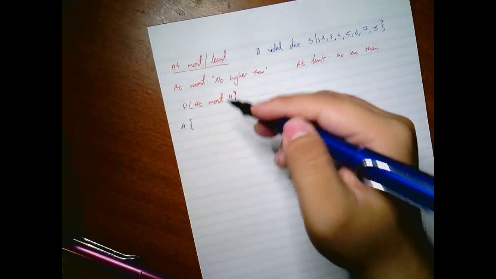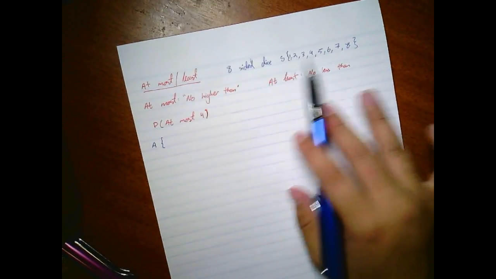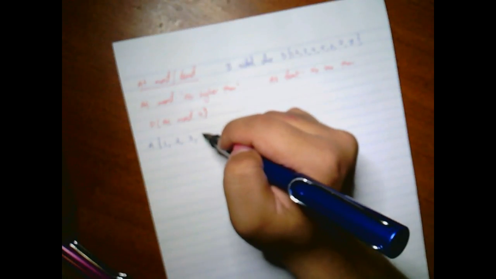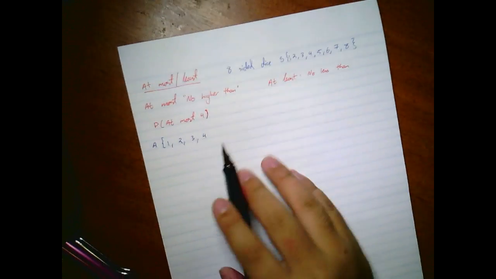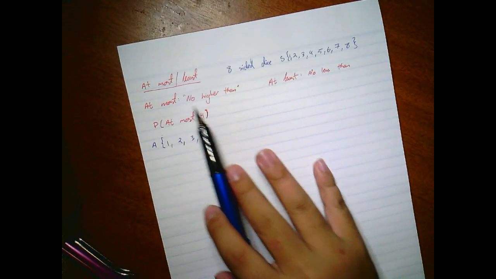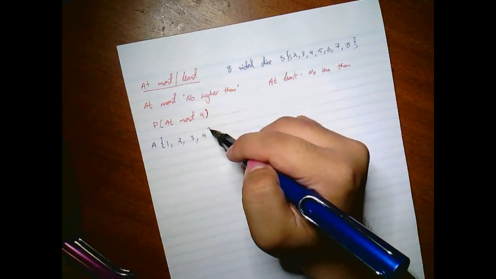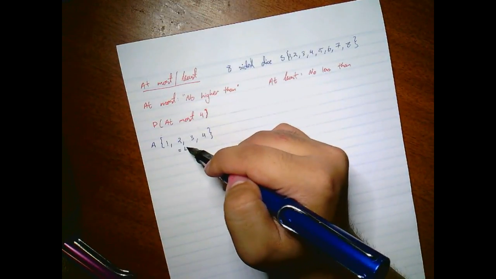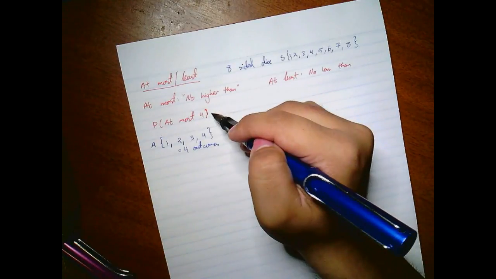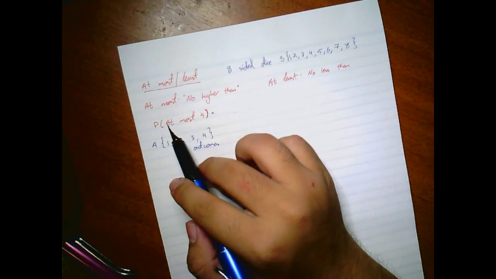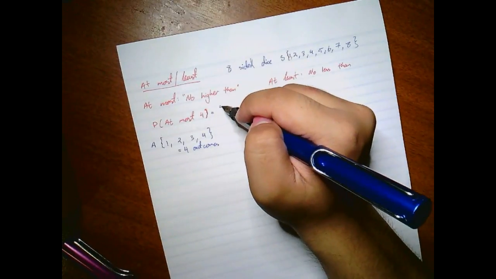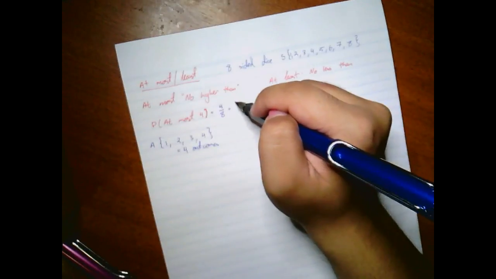So let's start counting the sample space here. It's gonna go 1, 2, 3, 4. And we stop there because it says no higher than or at most a 4, which gives us 4 outcomes. So the probability of rolling at most a 4 on an 8-sided dice is 4 out of 8, which is 1/2.